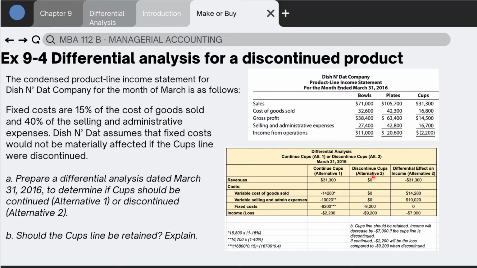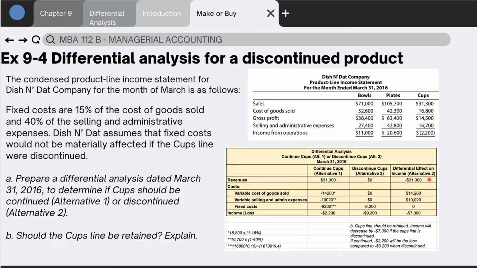And for discontinuing cups, fixed costs will not be affected because it will be the same for continuing or discontinuing, because fixed costs are not specific to one product or service only. So in order to get the differential effect on income from alternative 2 and alternative 1, we are going to deduct alternative 2 from alternative 1.